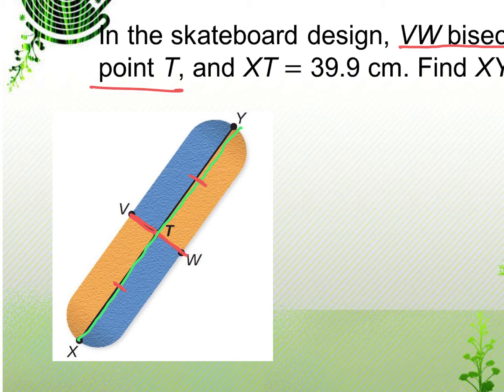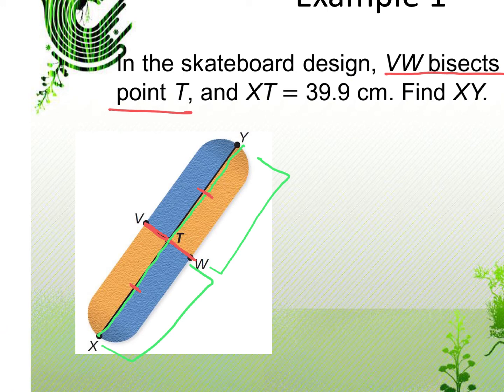As soon as I saw that it was bisected, that tells me that this piece from X to T is going to be equal to T to Y. In the problem, they told me how big it was for XT. X to T right here is 39.9. And because it has the congruency marks, I also know that from W to Y, it's also 39.9.